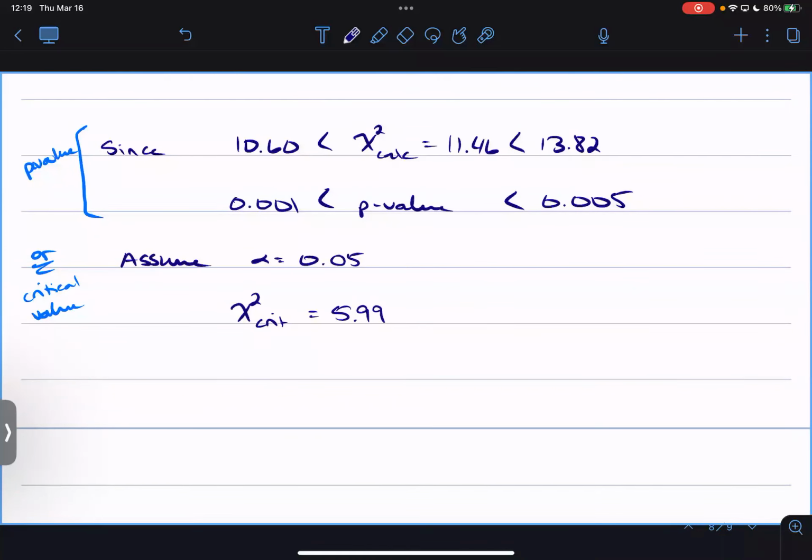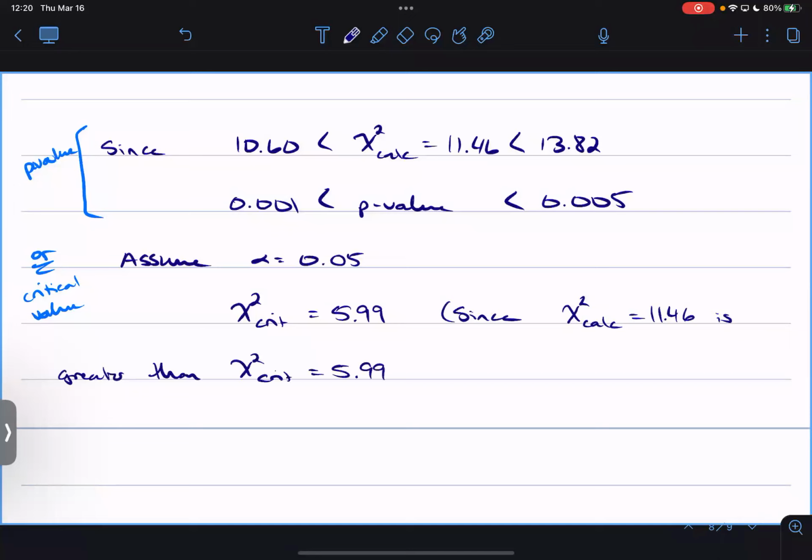So it's the same. Here, I'll just put the conclusion. Since chi-squared calculated equal to 11.46 is greater than chi-squared critical equal to 5.99, we have enough evidence to reject H naught in favor of HA.